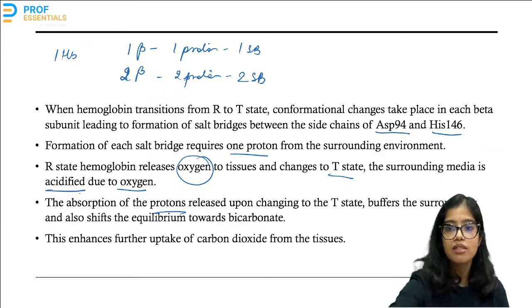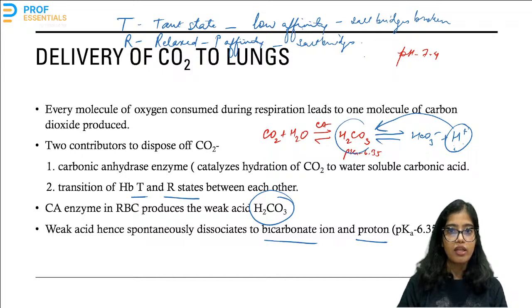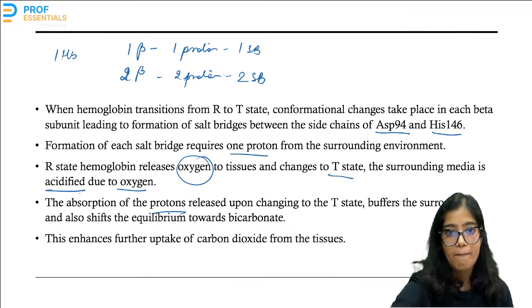When the protons are absorbed, this part of the equilibrium is increased. See, the right hand of the equilibrium is increased. Therefore, the equilibrium will shift towards bicarbonate. And this bicarbonate is then going to release more carbon dioxide. Understood?